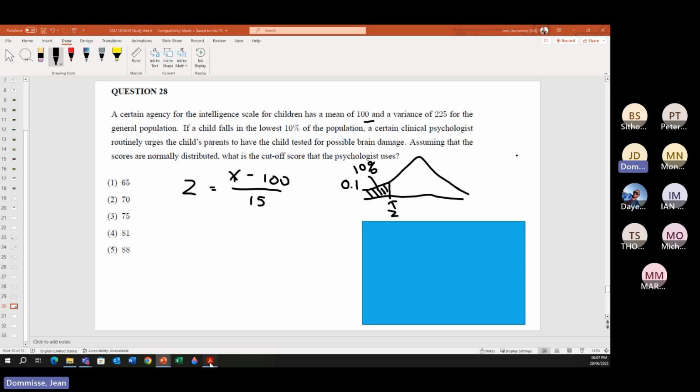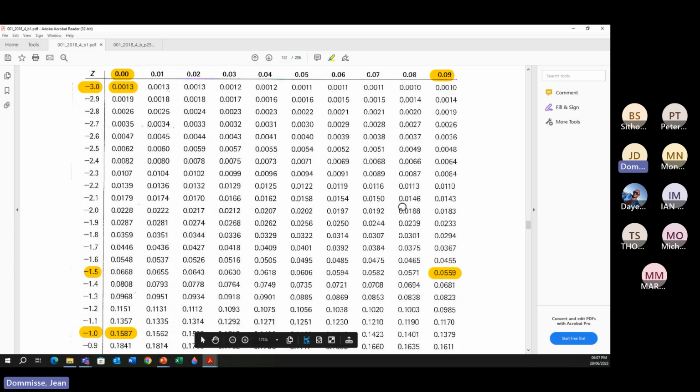So in this table, we need to look for 0.1. And so let's see where it goes. Okay, there's also 0.1s.